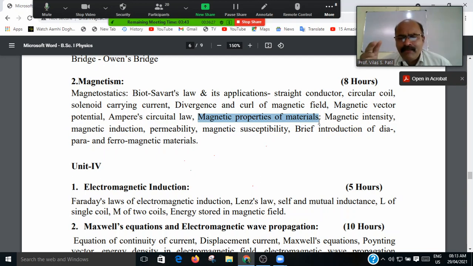These two topics, alternating circuits as well as magnetism, are very essential for research aptitude, because after BSc we go to MSc, and after MSc there is the vast field of research. A number of our students are working abroad in research.